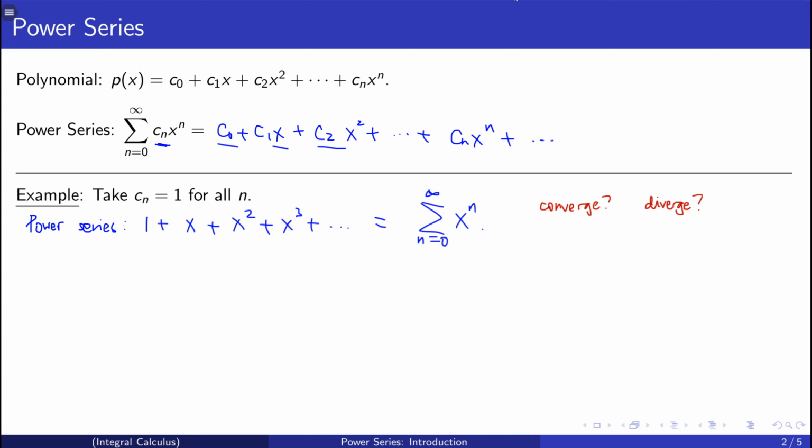I mean, what kind of series is this? This is just a geometric series. This is an example of an infinite geometric series. And your common ratio is x, right? From term to term, you're multiplying by x to get to the next term. And we know exactly where geometric series converge.